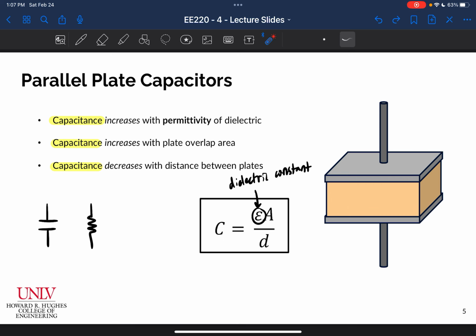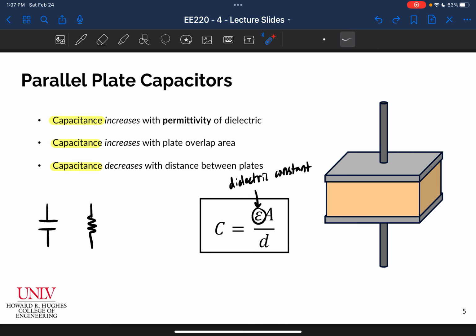That's what permittivity is. So if I have more permittivity, then my dielectric constant will go up and my capacitance will go up. Different capacitors are made with different dielectrics. If you want a really high value of capacitor, then you need a very good dielectric, which has high permittivity.